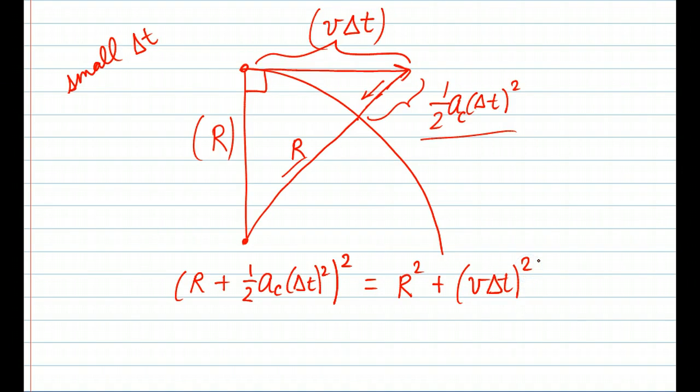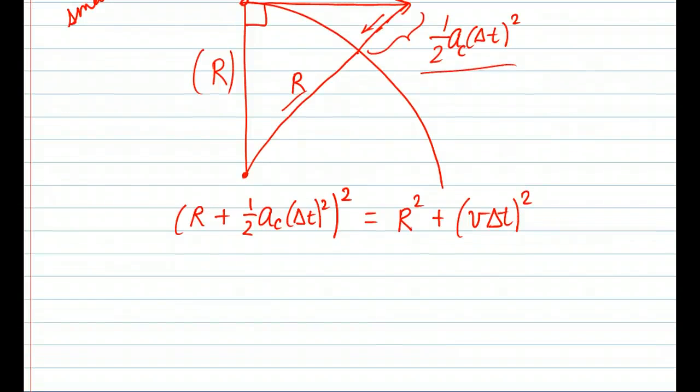Now at this point, I'm going to rush through some algebra, so if there's something that makes you say, huh, then just go back and try it yourself. I'm going to take care of the left side first. I'm going to have r squared plus 2 times r times 1/2, so it's just r a_c delta t squared.